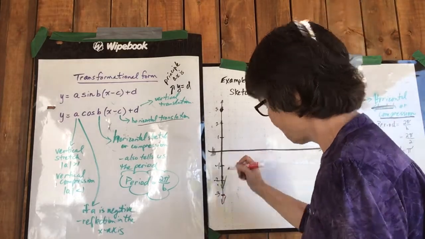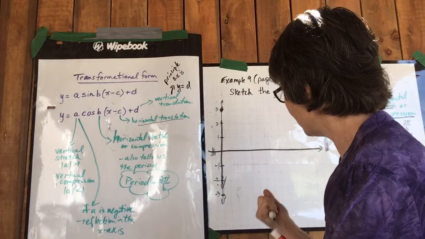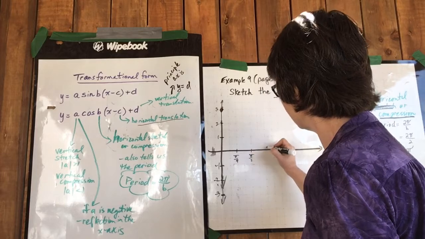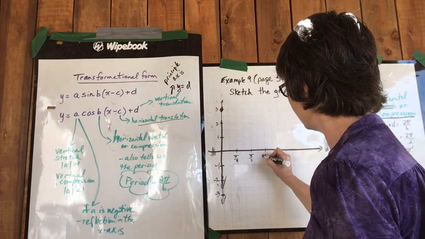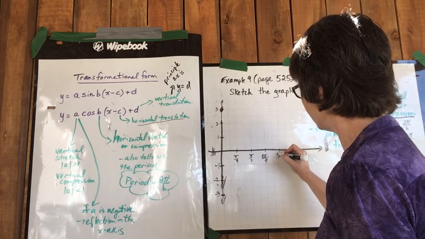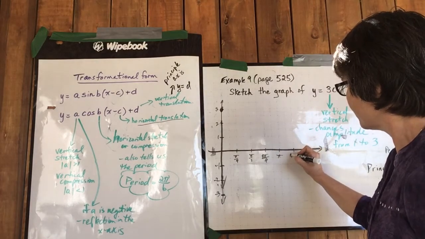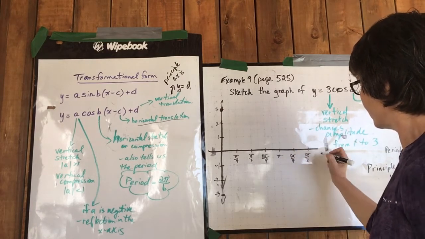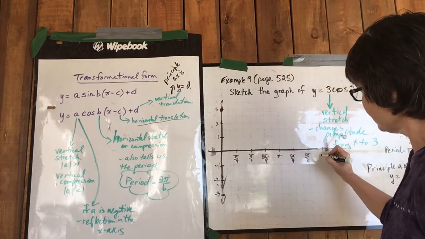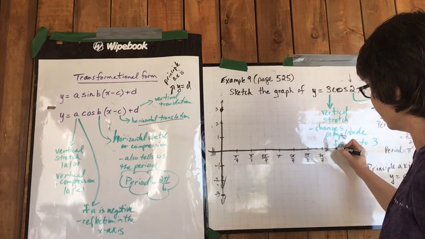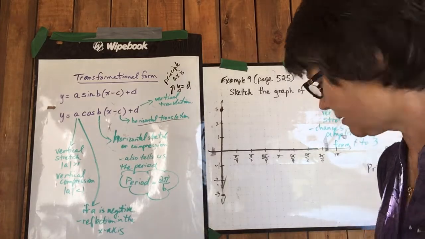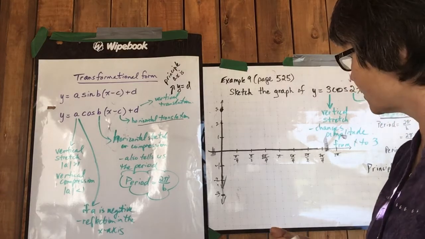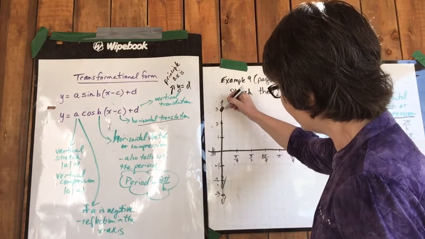Let's put our x values on here. There's a good x scale across there. So, the y equals cosine x. Let's just lightly put that in here.